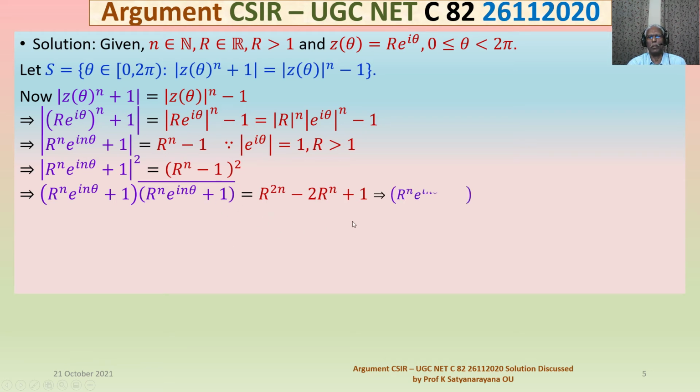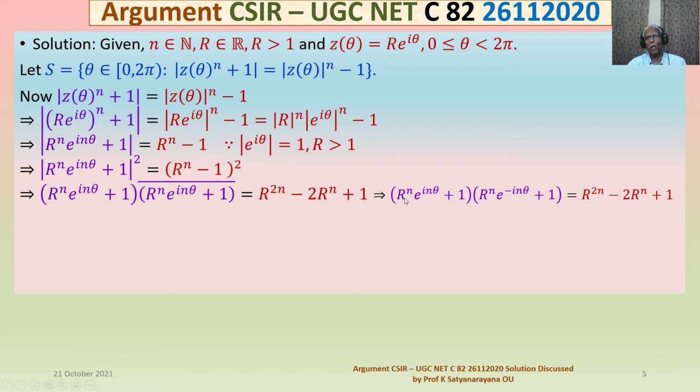So that will be (r^n e^(i n theta) + 1)(r^n e^(−i n theta) + 1) = r^(2n) − 2 r^n + 1.